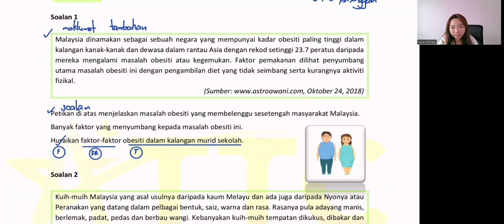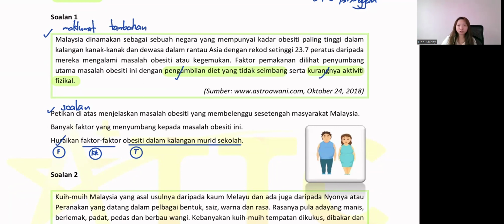Faktor pemakanan dilihat penyumbang utama masalah obesiti ini dengan pengambilan diet yang tidak seimbang, kurangnya aktiviti fizikal. It means what? Pengambilan diet yang tidak sihat, tidak seimbang, dan tidak bersukan, kurangnya aktiviti fizikal. So maybe they never do exercise regularly, tidak bersukan secara berkala. So you got 2 points, 1, 2, and include this in your karangan.